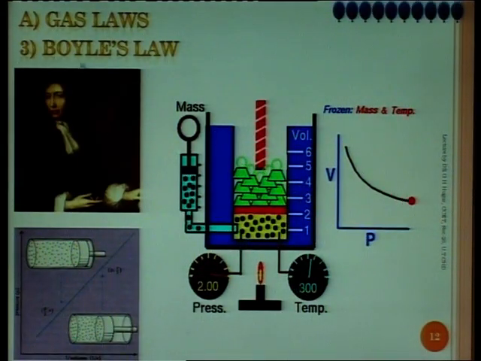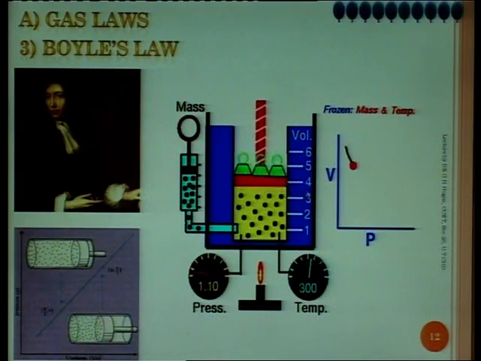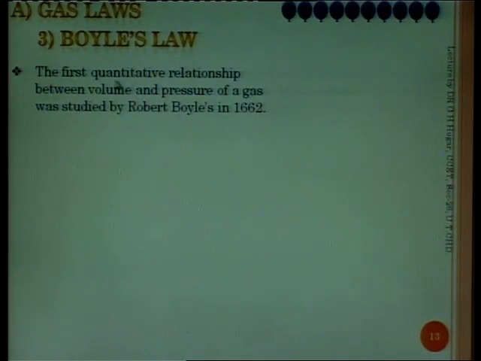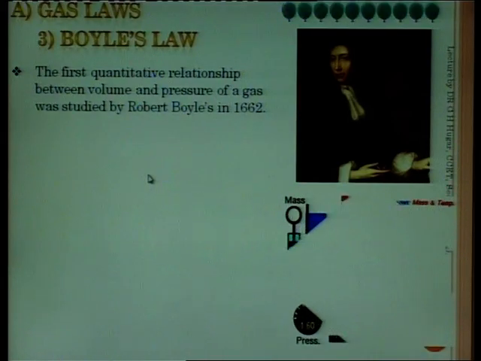The first law we are going to discuss is Boyle's law. This is the first quantitative relation between volume and pressure of a gas, which was studied by Robert Boyle as early as 1662.